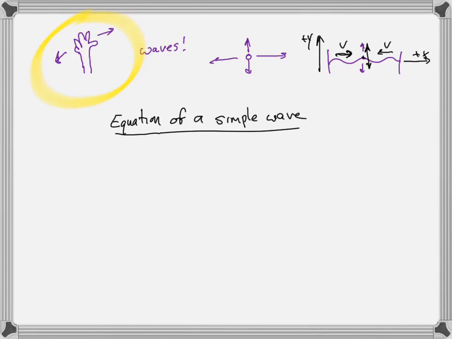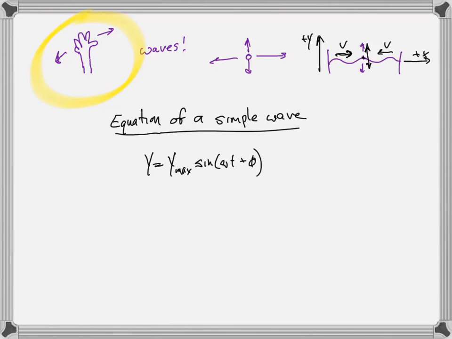The amplitude would be maximum displacement from equilibrium. We're going to be careful about that terminology. And so what we find for a simple wave is that in the y direction, y equals y max, the amplitude, times the sine of omega t plus phi.